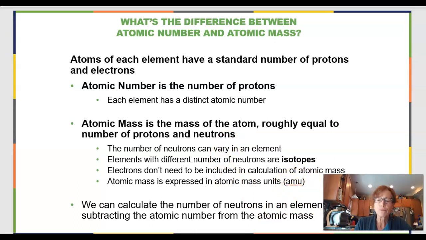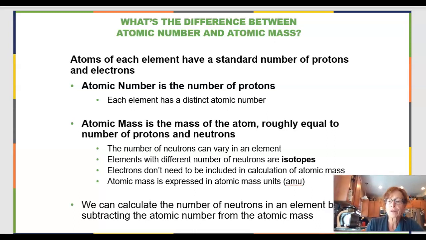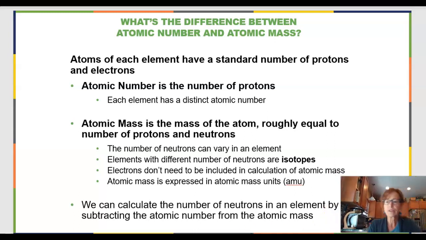I'm going to see if I can move a little bit so I'm not in the way. There you go. Sorry, kind of off to the side. If we had the atomic mass, we could figure out how many neutrons we had, if we knew what element it was, by subtracting the atomic number from the atomic mass.